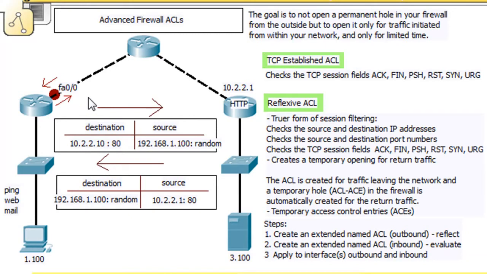If we could avoid any permanent hole in our firewall, that would be good, because why would we need it? Well, we need it if we were running a server on our network, and we wanted the public to have access to that server 24/7, like a web server or a mail server. But on this network we've only got clients, PCs, and what they need is access out.